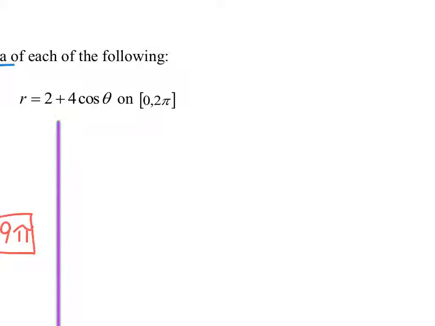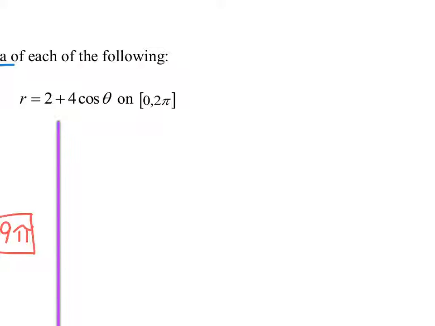All right, so let me get the calculator out. So we're looking at clear 2 plus 4 times the cosine of theta. I'm just going to graph it. This is our limacon. Structure is all we care about.